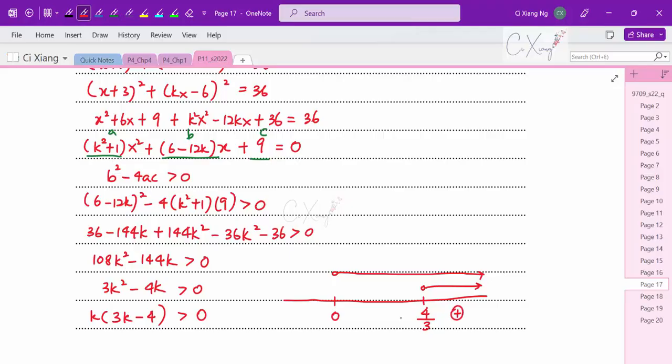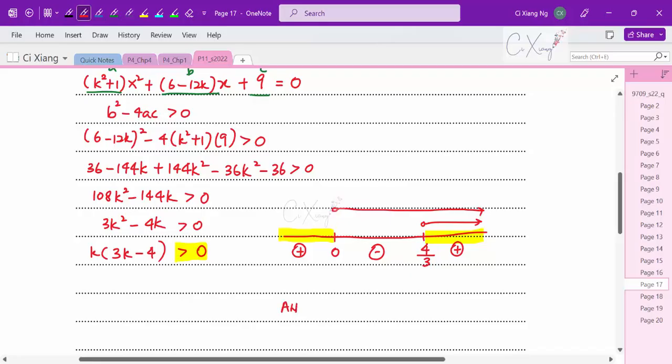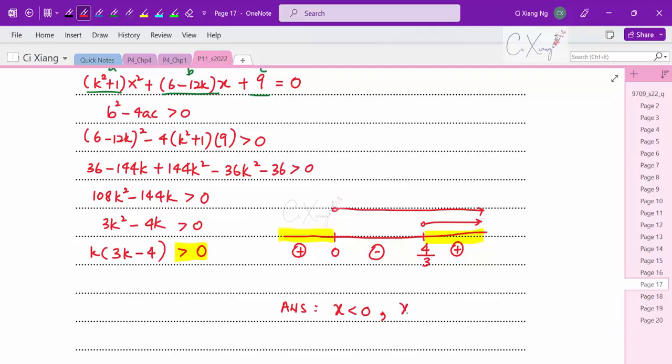So I'm having plus, minus, plus: positive times positive is positive, positive times negative is negative, negative times negative is positive. For our question here, we are looking for greater than 0, so we should consider the positive side. These two are the positive side, therefore the final answer will be x smaller than 0 and also x greater than 4 over 3.